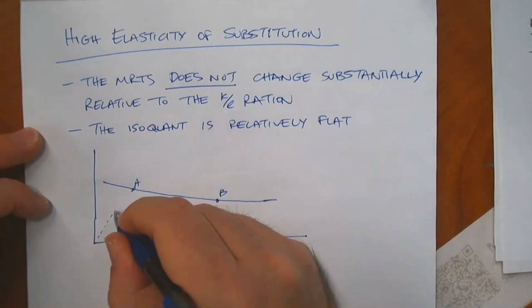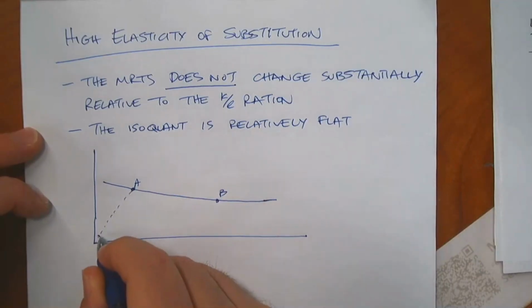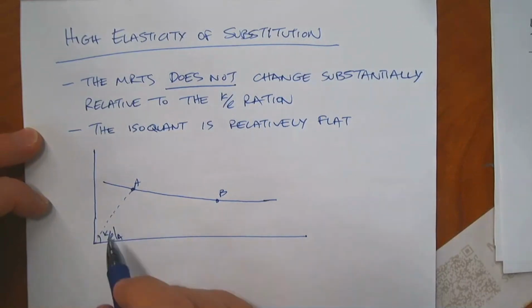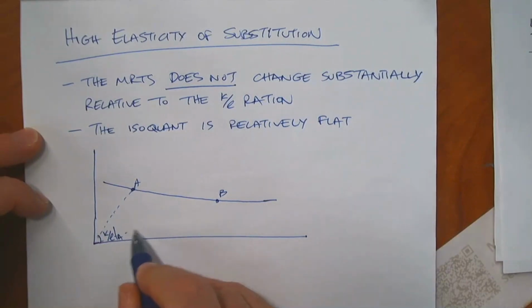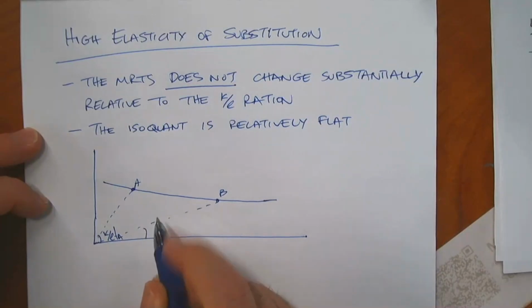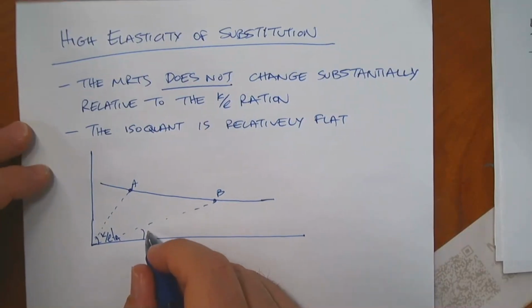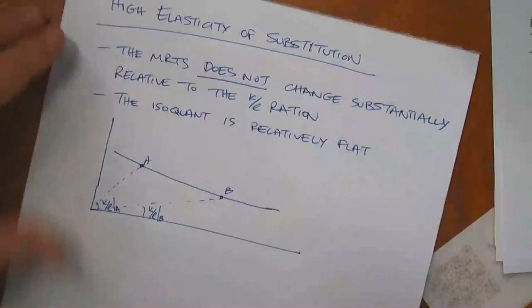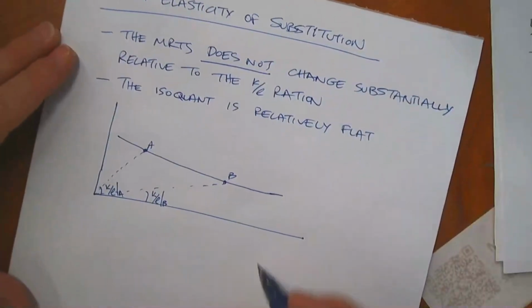The ray from the origin to A shows you the capital to labor ratio for point A for that particular input mix, right? This one is a smaller slope, smaller K to L ratio for point B. And you see that the MRTS in this situation does not change substantially.